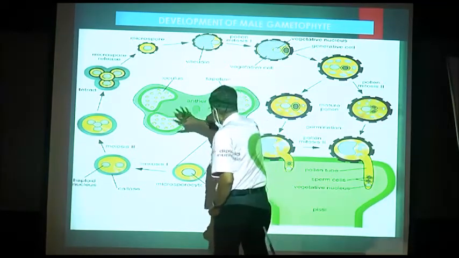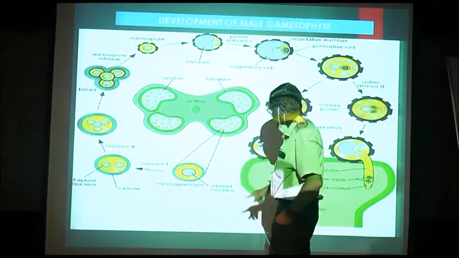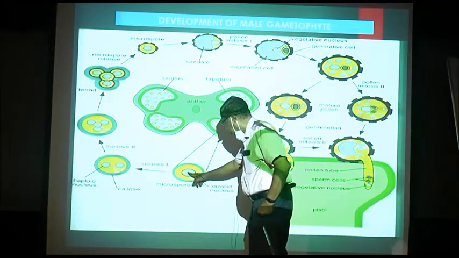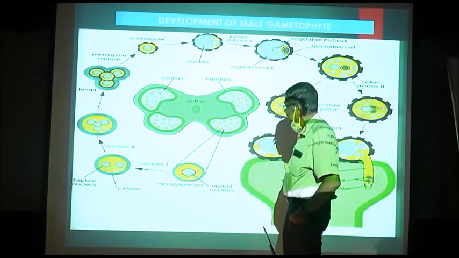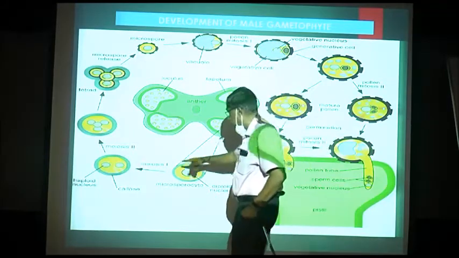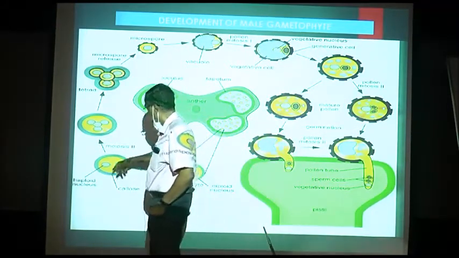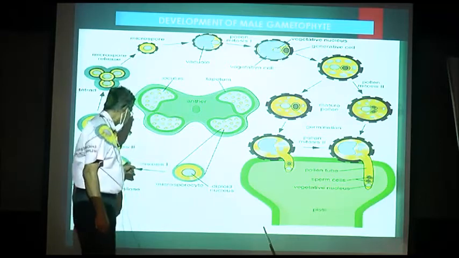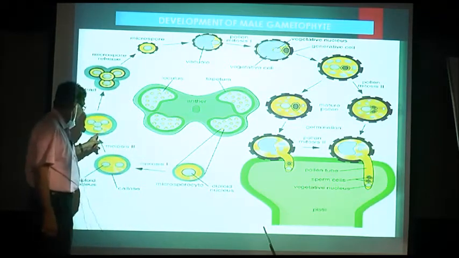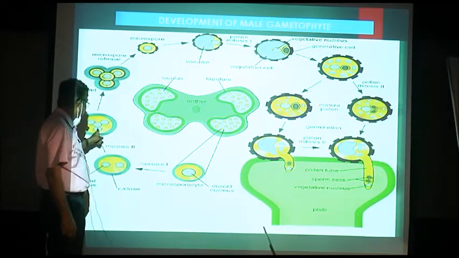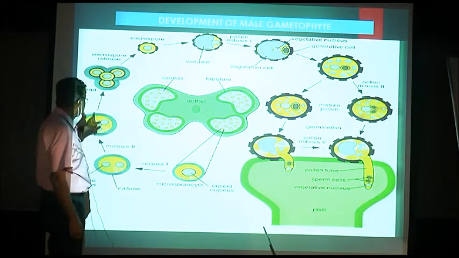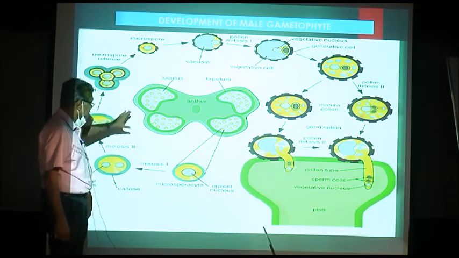The entire structure is diploid. The microspore mother cell or microsporocyte is diploid, and this one undergoes meiosis, 2 divisions, to form 4 nuclei, and this is the spore tetrad.